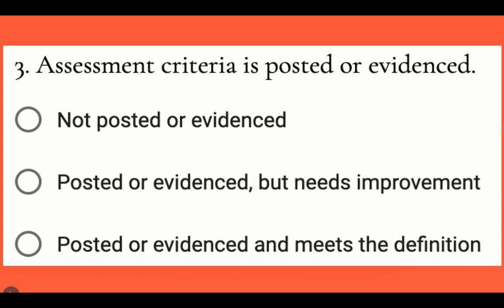The second is posted or evidenced but needs improvement, so it might be written up there on the whiteboard, or maybe students understand it, but it's not grade level, or it doesn't align with the learning target, or doesn't seem to align with the agenda or what students are doing in the classroom at the time. And then lastly, posted or evidenced and meets the definition. So it meets the definition of assessment criteria and meets the definition of the learning target.